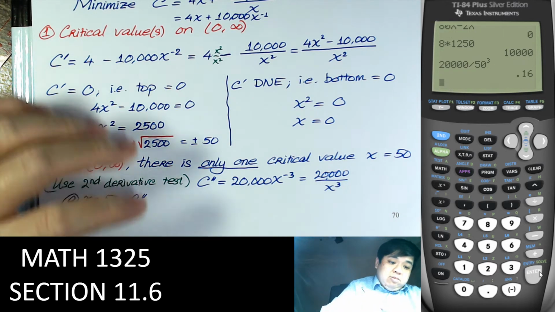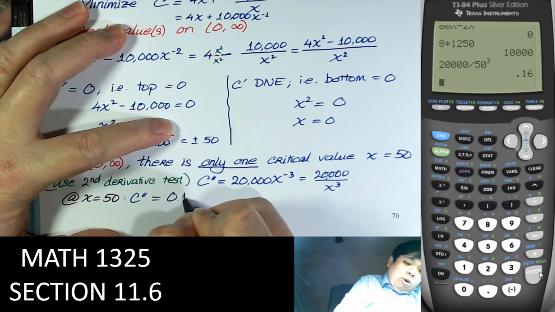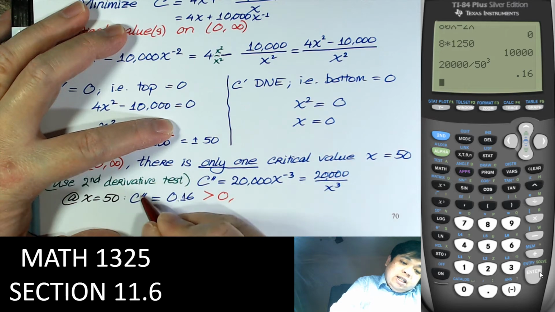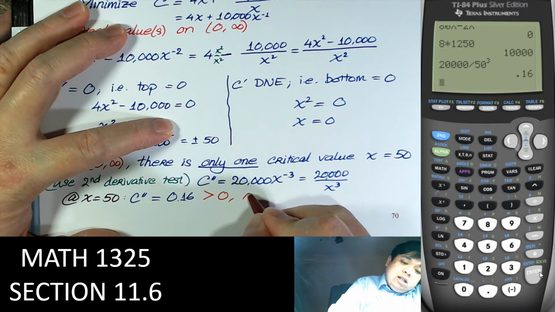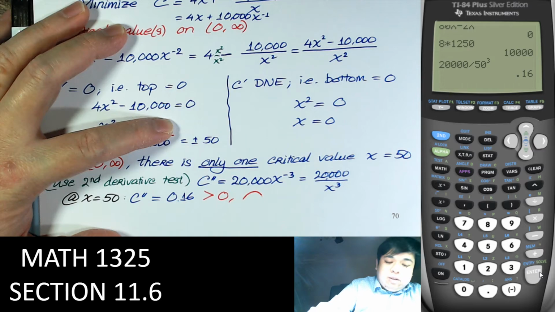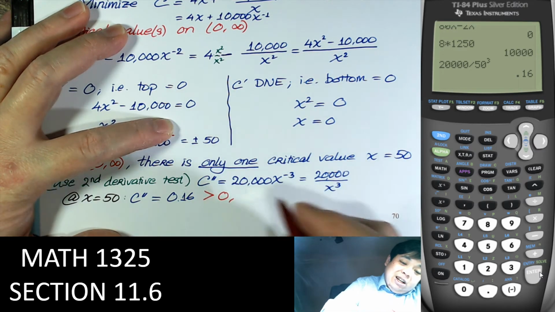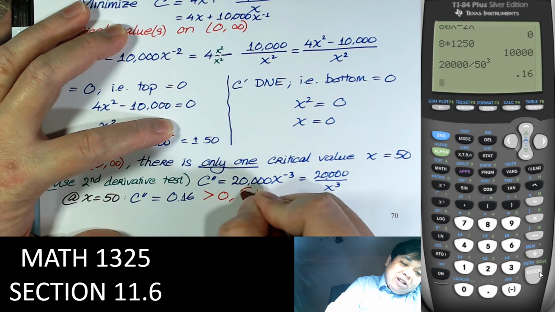So that is 0.16, which is positive. Second derivative is positive. That means it's concave up.